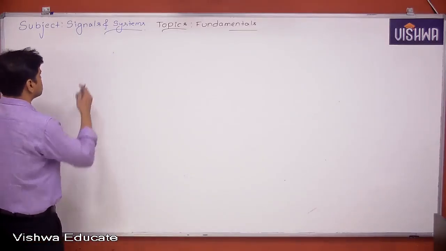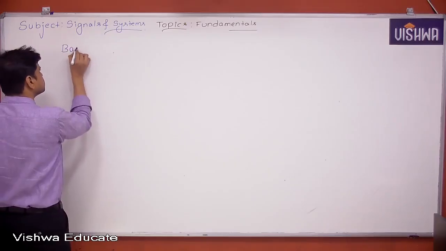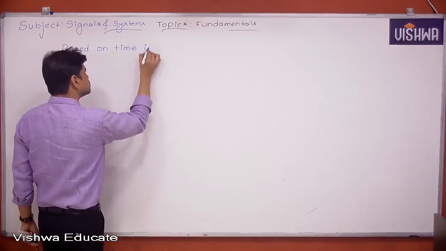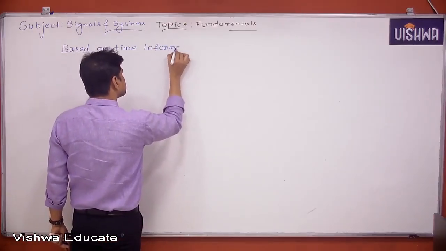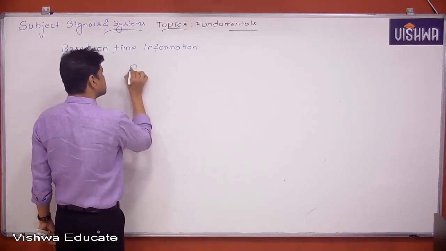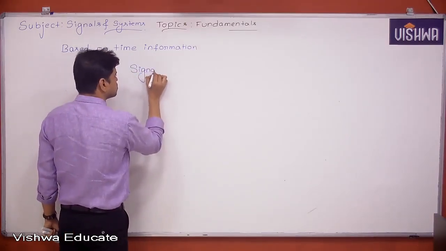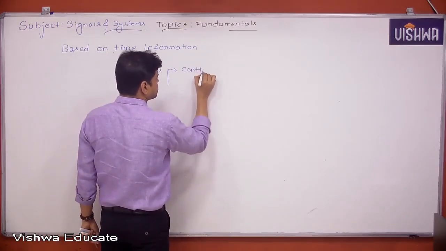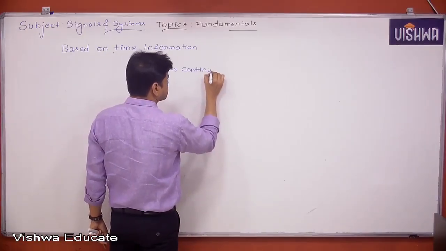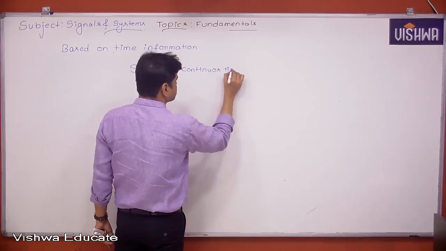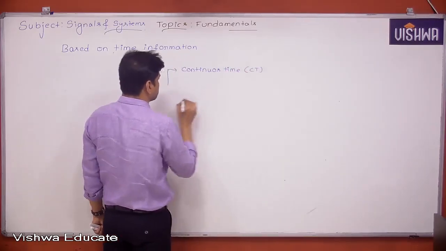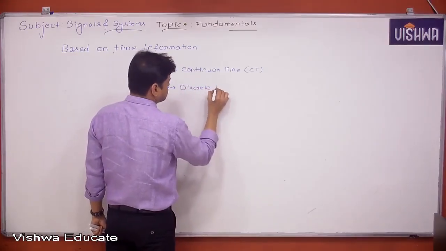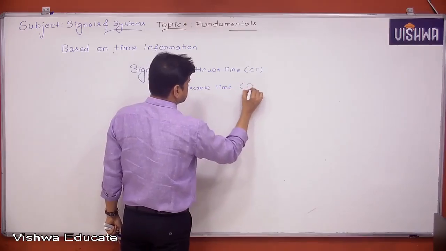First, let's see, based on time information, we can classify signals into continuous time signals, in short CT, and discrete time signals, in short DT.